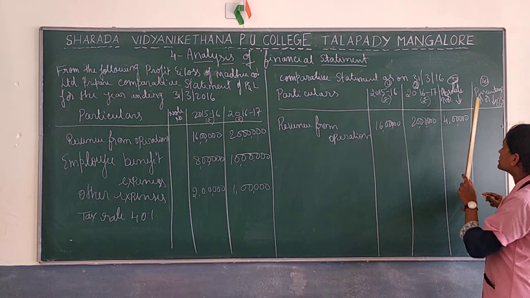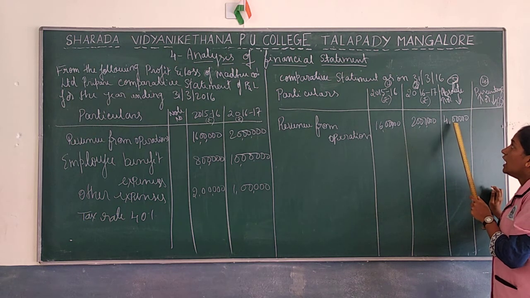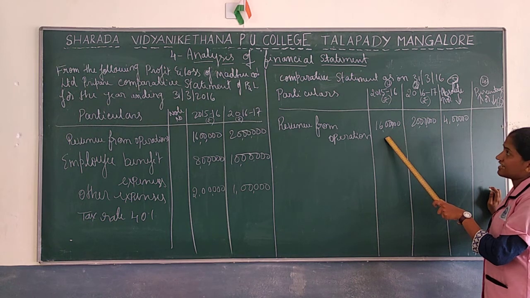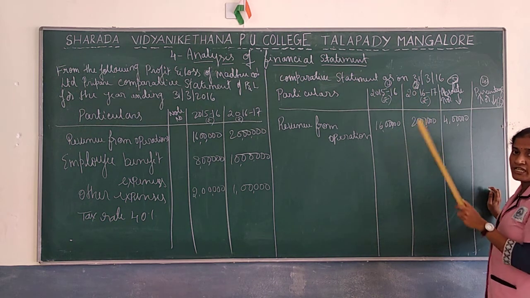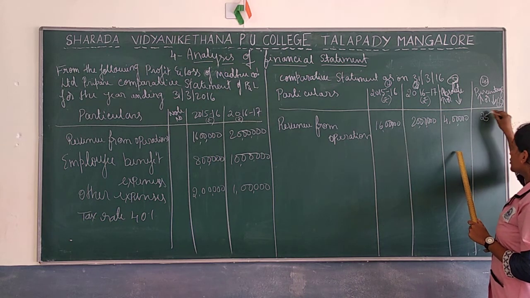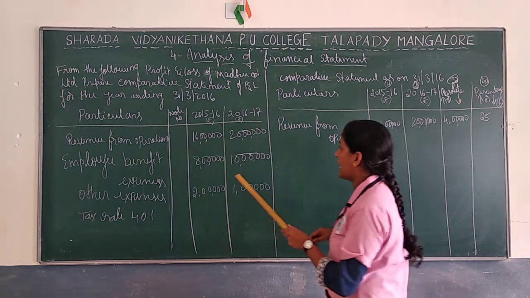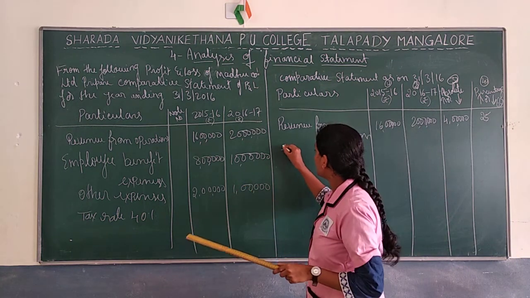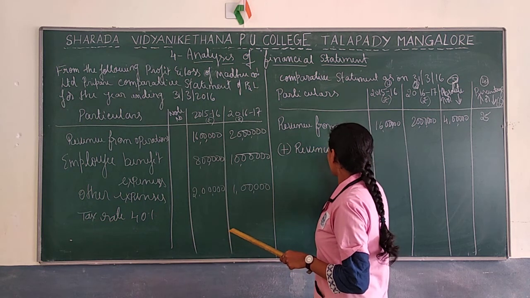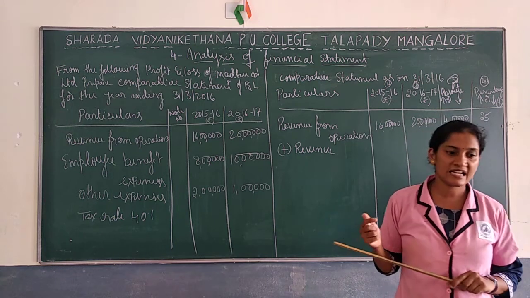To find the percentage, how are you going to find it? Absolute increase or decrease divided by the first year, into 100. You will get 25. Next, we have to add other income.